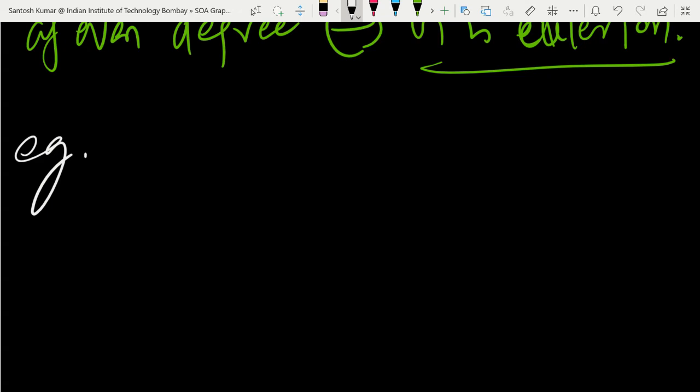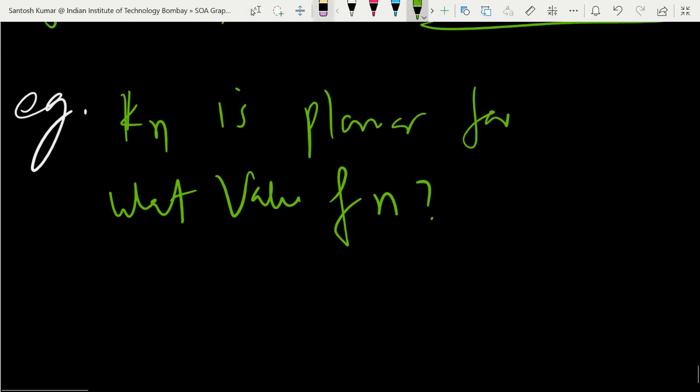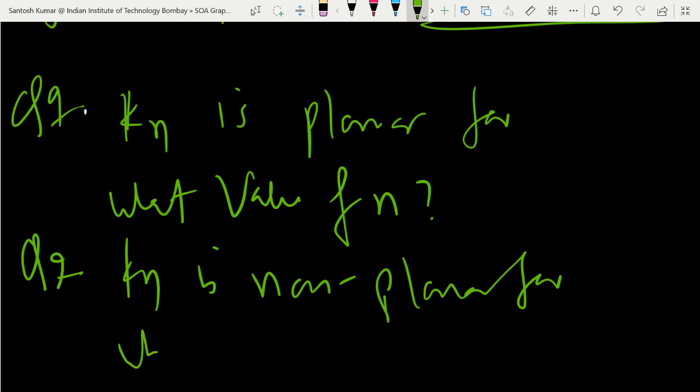Question 1: Kn is planar for what values of n? And question 2: Kn is non-planar for what values of n?